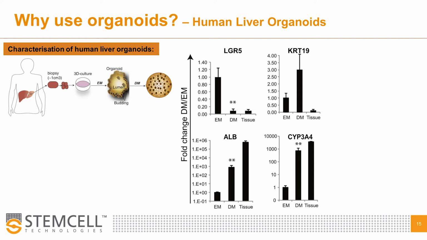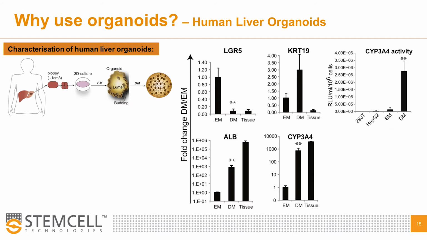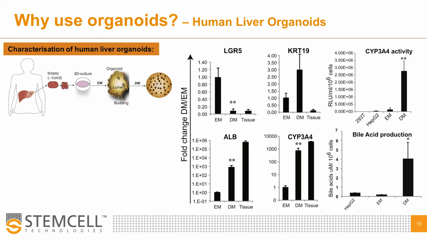This was also evident on a functional level when comparing the CYP3A4 activity and bile acid production between organoids cultured in expansion and differentiation medium, EM and DM, and also in comparison to a negative control, feeder cells or HepG2 cells. CYP3A4 activity and levels of bile acid synthesis were the highest in organoids exposed to differentiation medium.